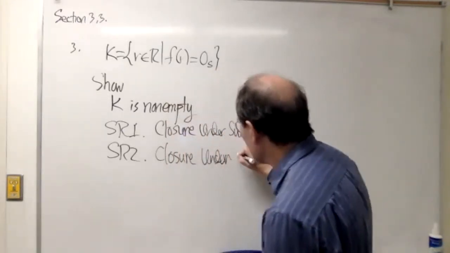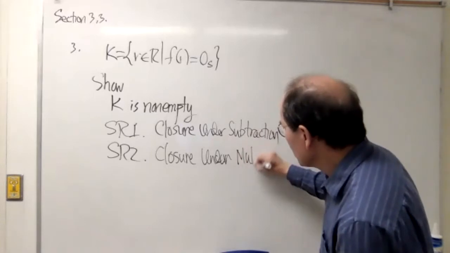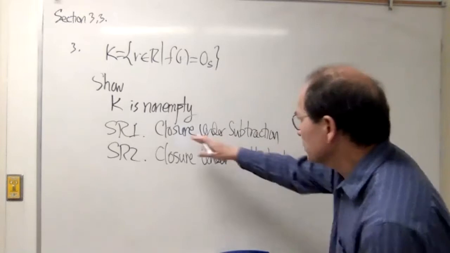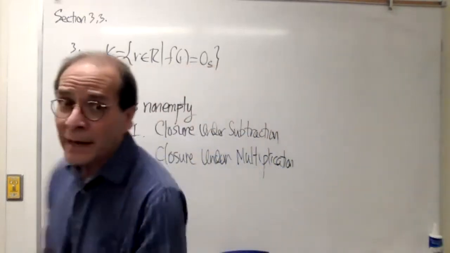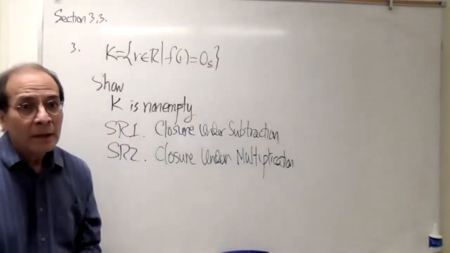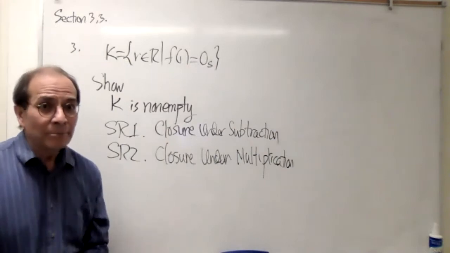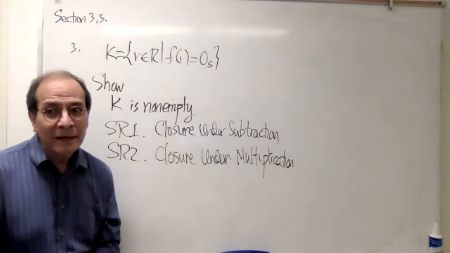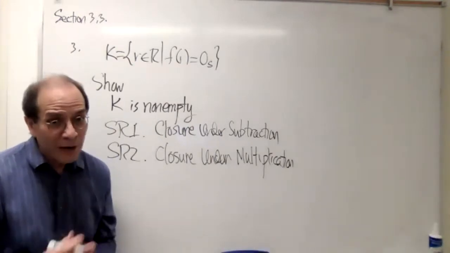Now, I know on the homework, some people were trying to apply the theorem, but instead of using closure under subtraction, they were sort of reading it as closure under addition. And that's not the same. Okay, so verifying closure under addition is not the same as showing closure under subtraction.